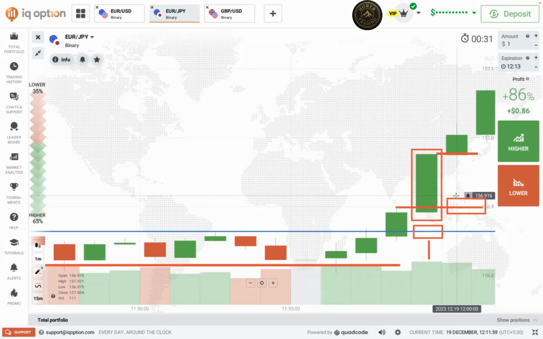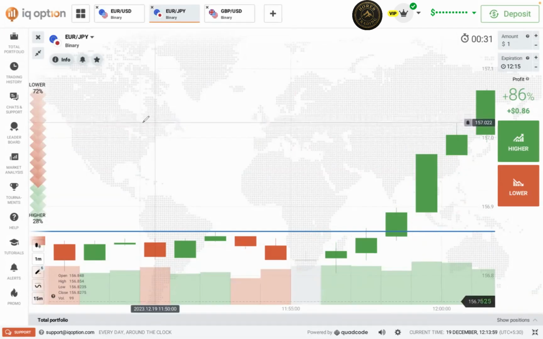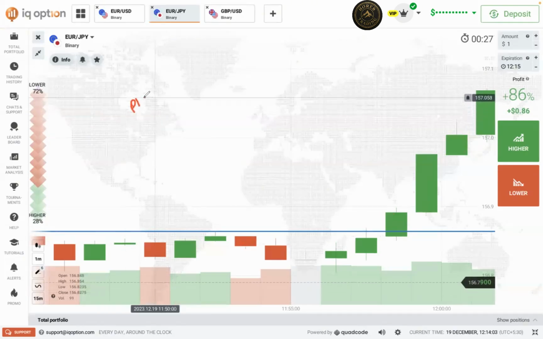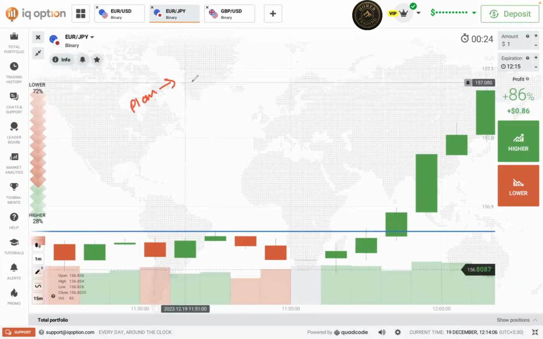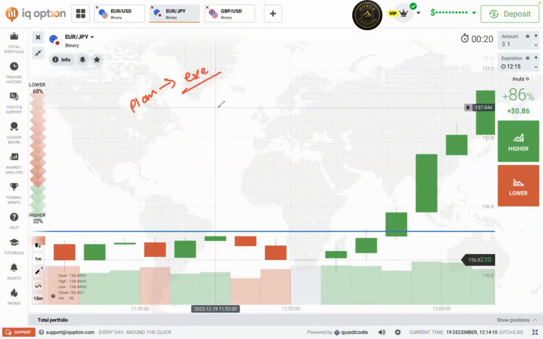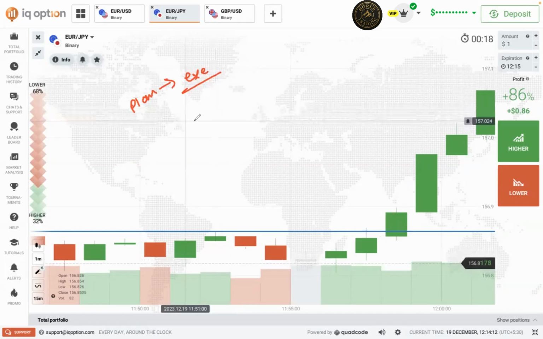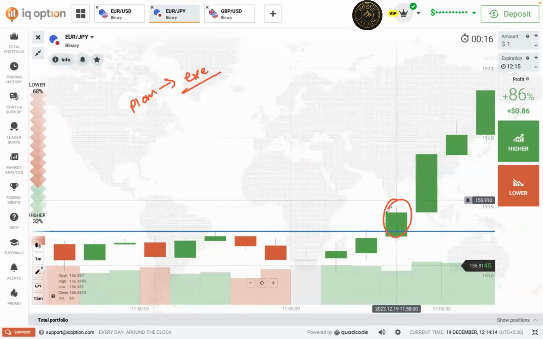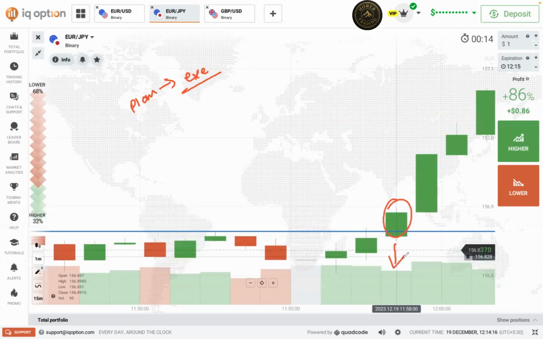So you have to understand that we need good planning. Plan your trade and execute it. Don't just trade as you want. Don't just trade as you feel.